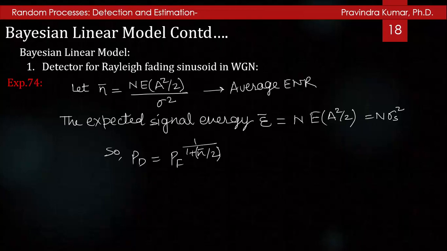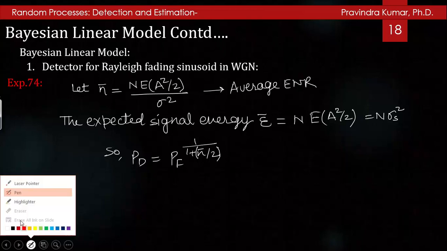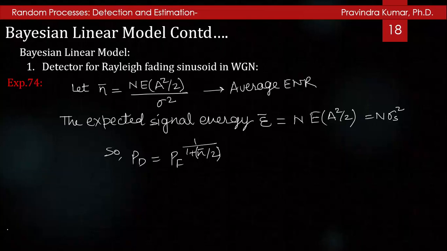So the probability of detection will be PF to the power 1 by 1 plus eta bar by 2, and you can also write it as PF to the power 1 by 1 plus epsilon bar by 2 sigma square.